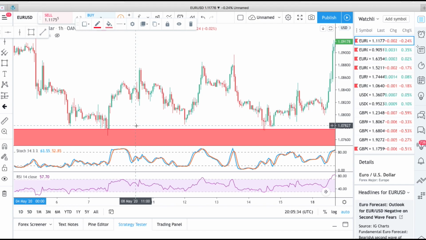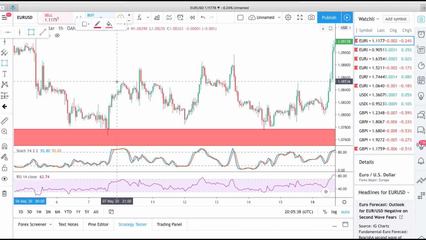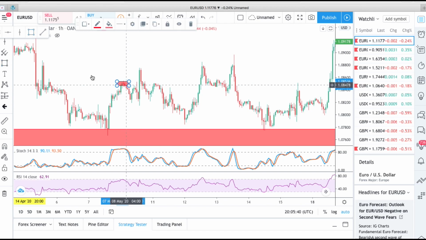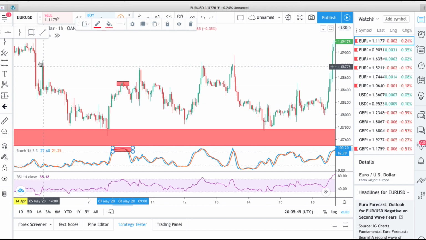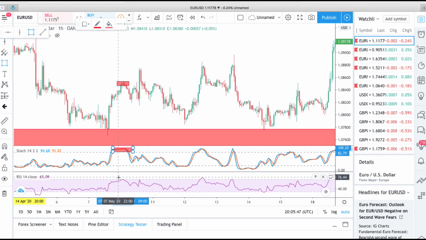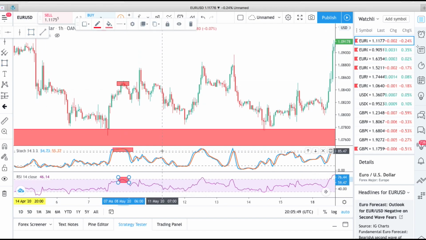So let's look at this right here. Why I said the support and resistance is very important. Look at this point right here. Look at the stochastic. Look at the RSI. This would seem like a setup sent from God.